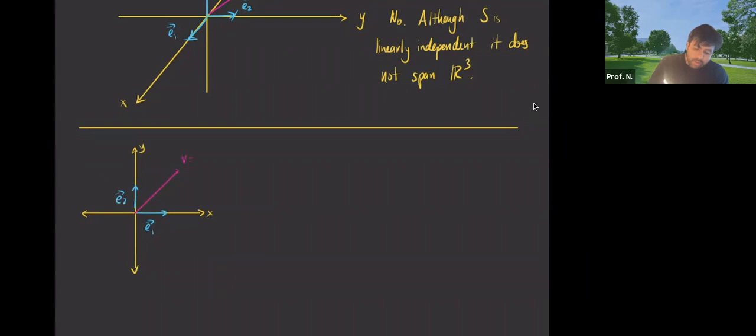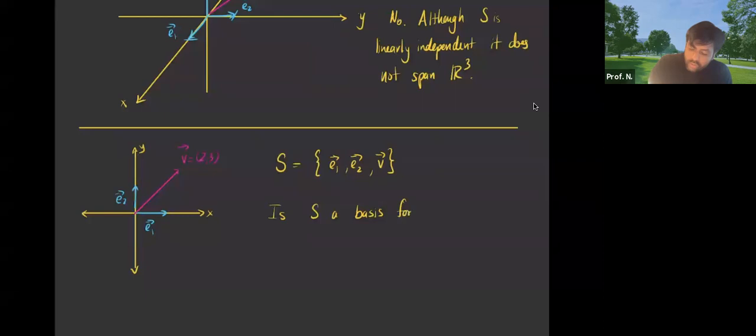Call it V. Call it 2, 3. So I'm gonna call this my new set. I got E1, I got E2, and I got V. Now, is S a basis for R2?